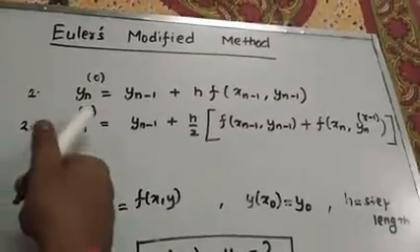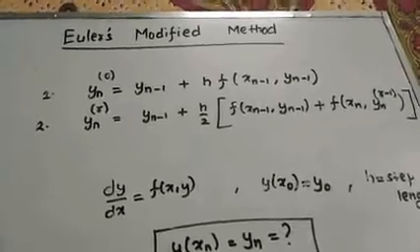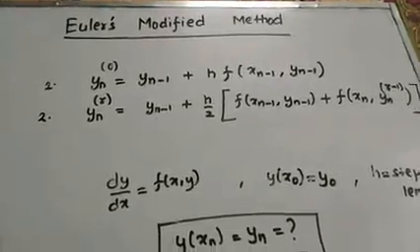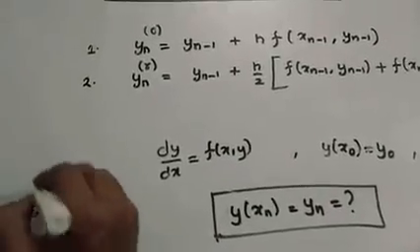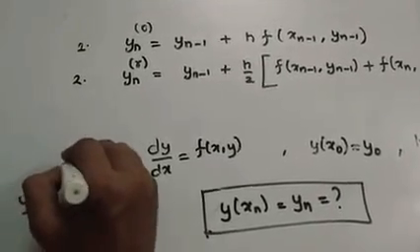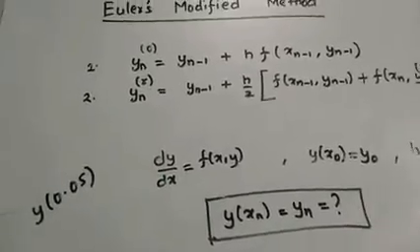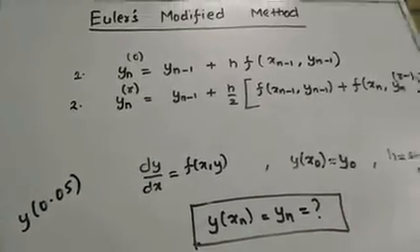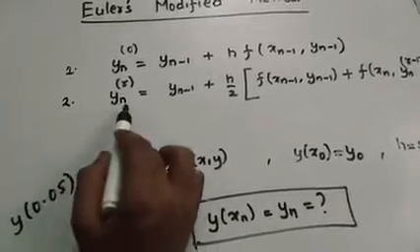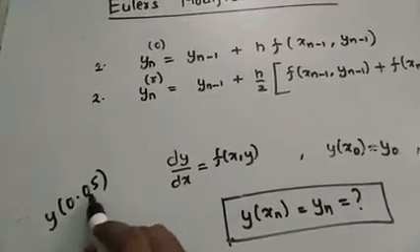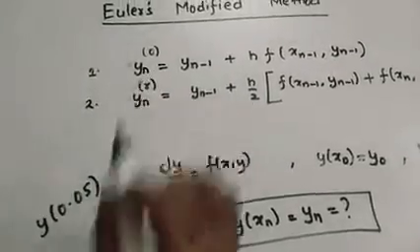Now what does this r mean? Suppose a differential equation is given to you and you have to find, say, y of 0.05. First of all we will find the initial value, that is yn 0. Then we will find yn at the point 0.05 with the first iteration.